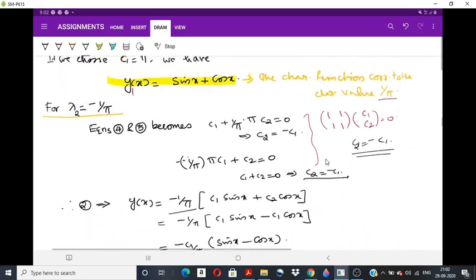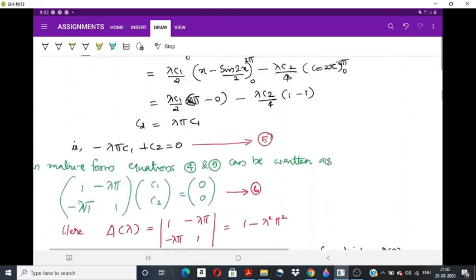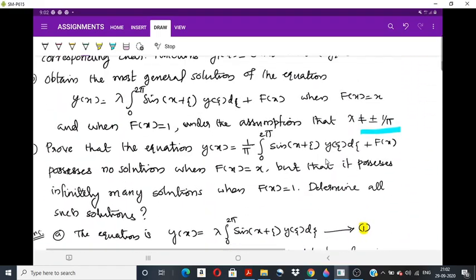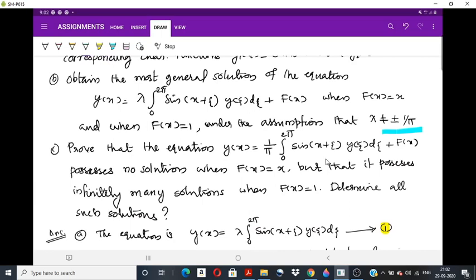In part C, what we need to prove is that for the non-homogeneous equation, when lambda equal to 1 by pi, this equation has no solution when f of x equal to x, and has infinitely many solutions when f of x is equal to 1.